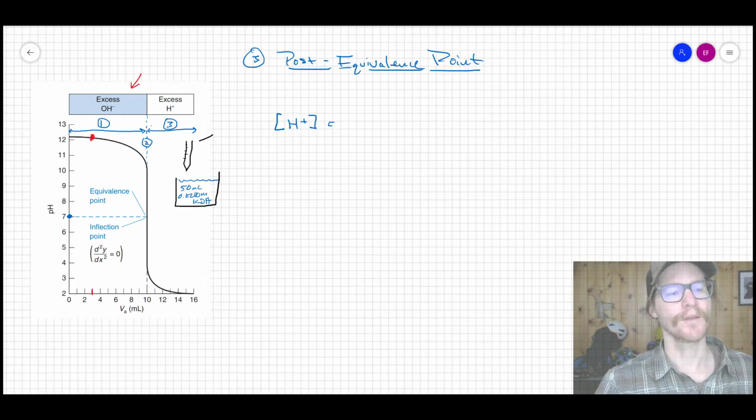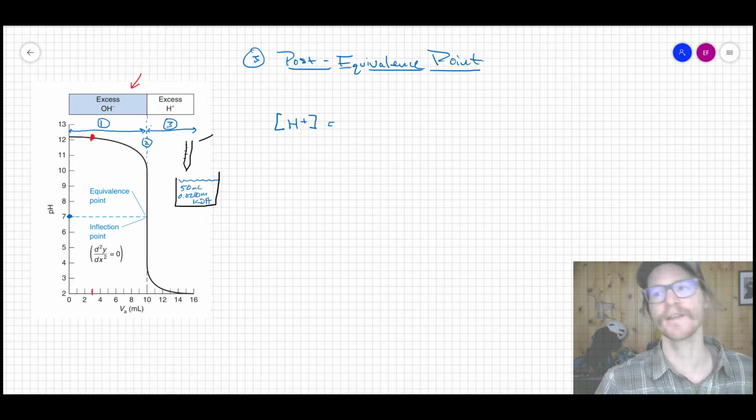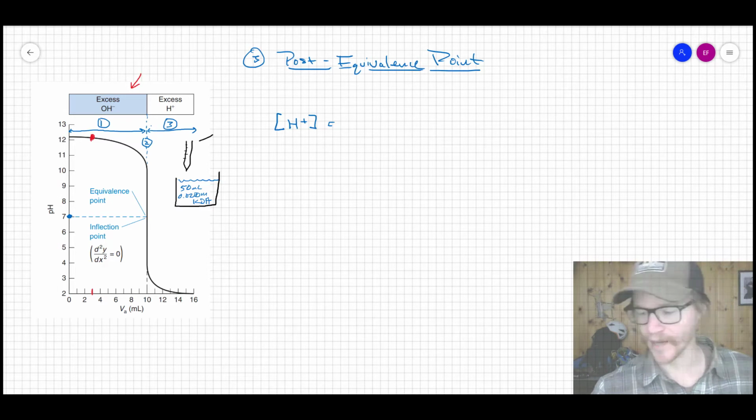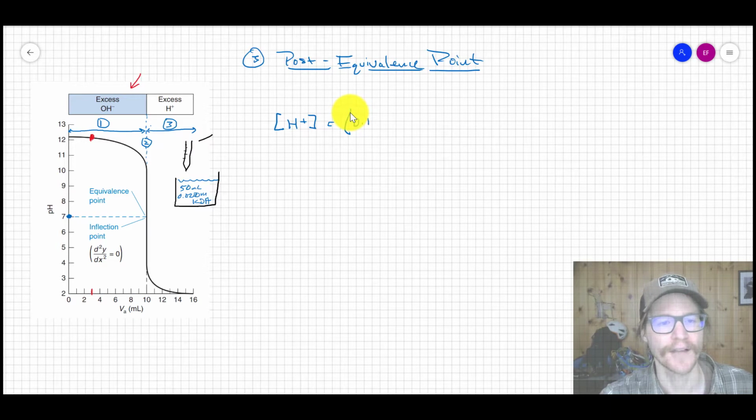Okay, so region 3, the last region here, we know that we have excess protons because we're past equivalence, right? And the equivalence was defined as where the moles of acid equal the moles of base. Now we keep adding acid, and now we have excess acid or protons. So we need to compute the protons. We're going to do this using that fractional approach that I introduced in the previous step. So we've got our original concentration of our acid, which was 0.100 molar.